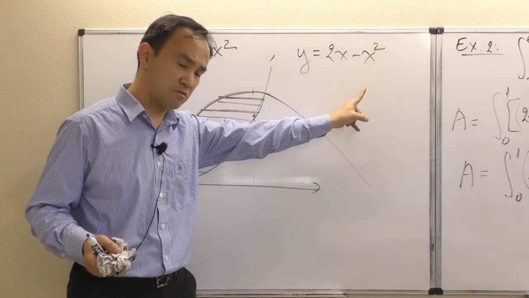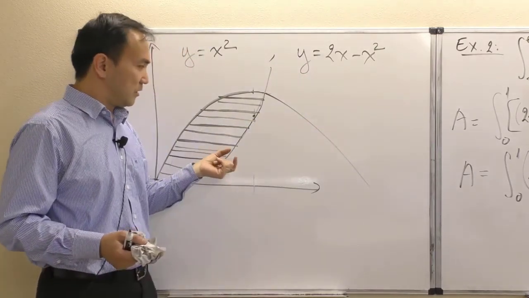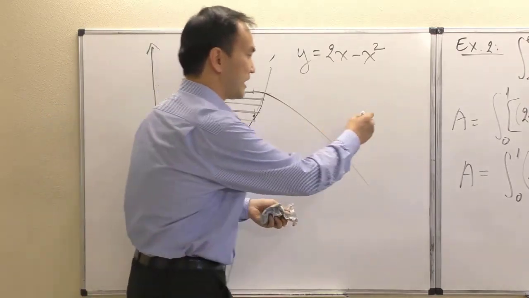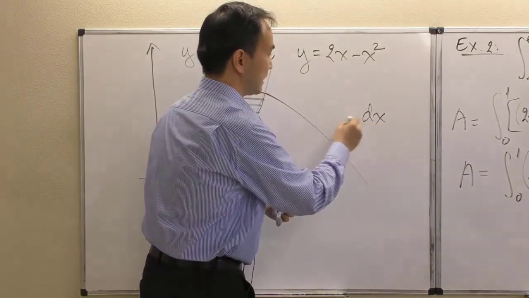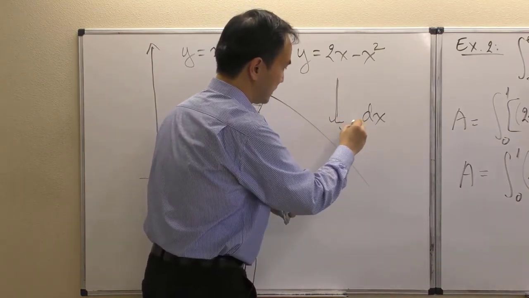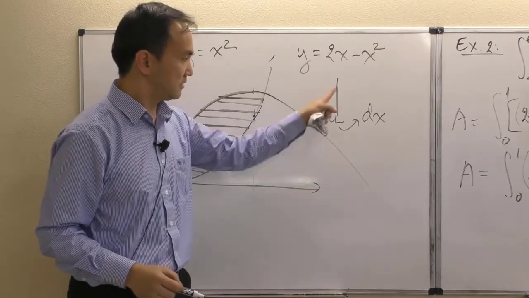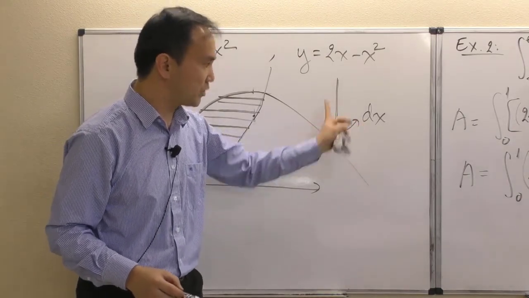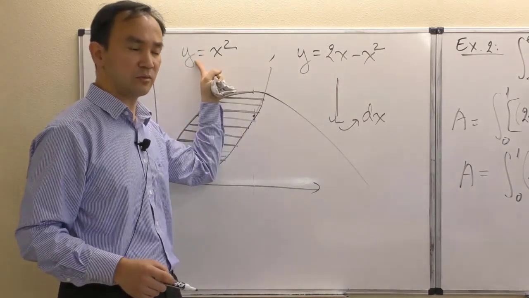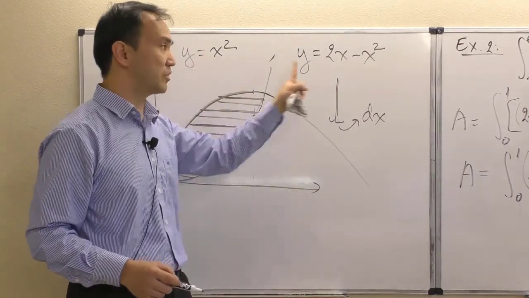So after I decide to go with vertical stripes, I have dx, which leads to a vertical stripe having thickness dx. Doing that, I did not have to re-express these expressions in terms of y.